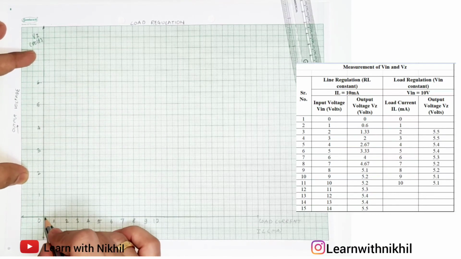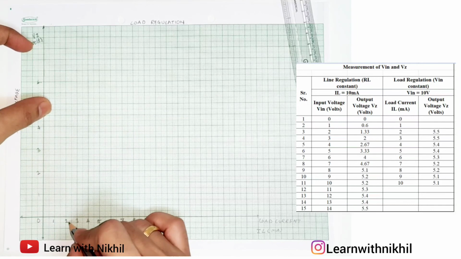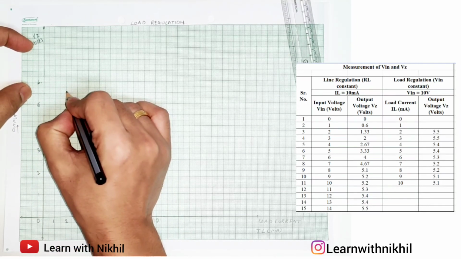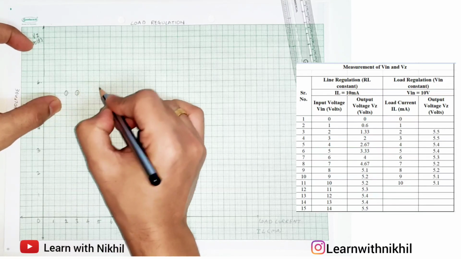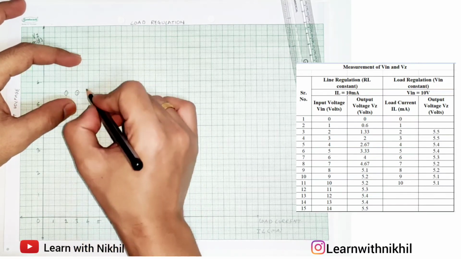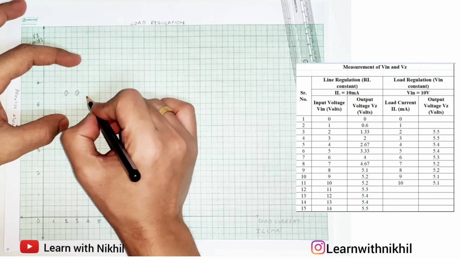Now according to the readings, the first 2 points we have not plotted, but it will be at 5.5 volts only. We'll start marking from 2 milliamperes, that is 5.5, 3 milliamperes, it is 5.5, 4 milliamperes, it is 5.4, so it will be downward.